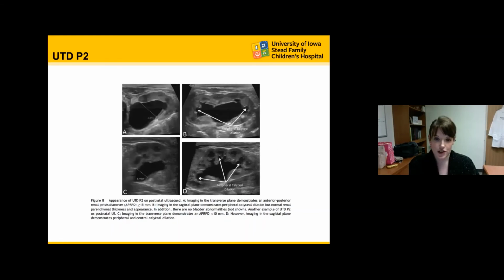This is considered UTD P2, so normal appearing renal parenchyma right here. You can see these normal medullary pyramids, but there is extension of the hydronephrosis out into the peripheral calyces. The anterior posterior diameter here is high. It's greater than 15 millimeters, and so this would put you in the moderate risk category of P2.